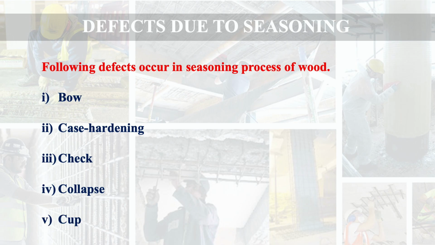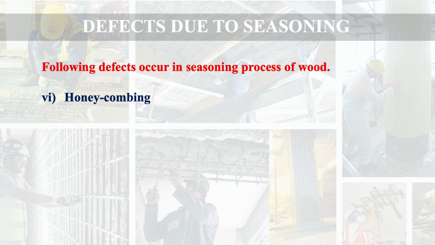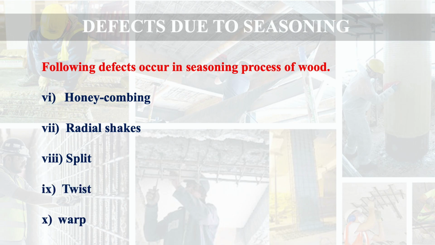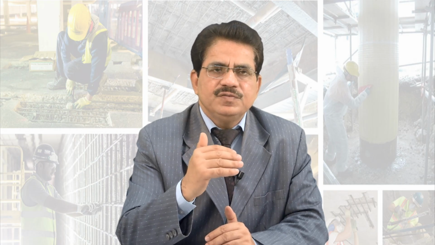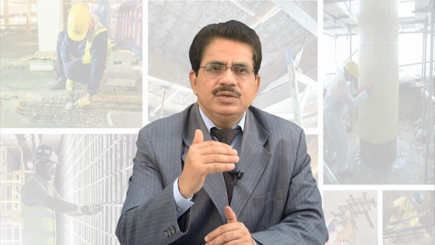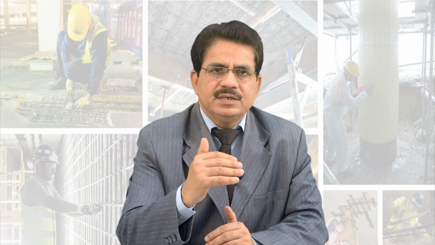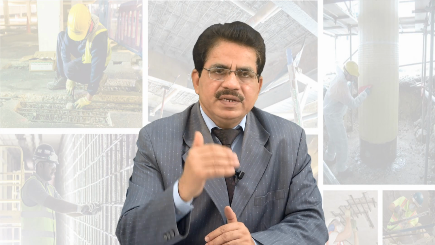Then 5th is cup. Then 6th is honeycombing defect. Then 7th is radial shakes. Then 8th is split. Then 9th is twist. Then 10th is warping. So these are the 10 defects which may occur in the timber during the seasoning process. Means if the improper seasoning is there, then these defects may occur in the timber.